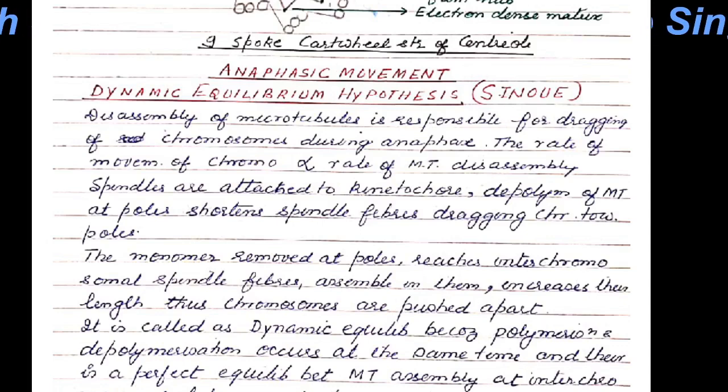And the rate of movement of chromosomes to the poles is directly proportional to the rate of microtubular disassembly or depolymerization. In fact, the spindles are attached to kinetochores, and when the tubulin protein depolymerizes at the poles, it shortens the spindle fibers, dragging the chromosomal chromatids towards the poles.